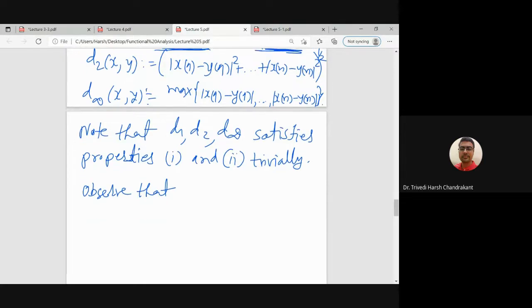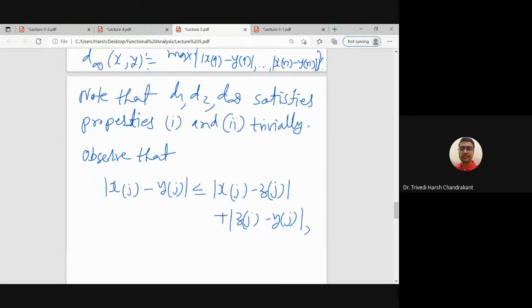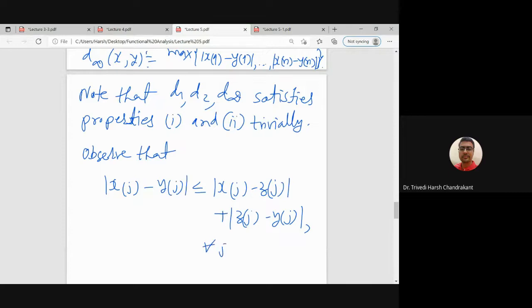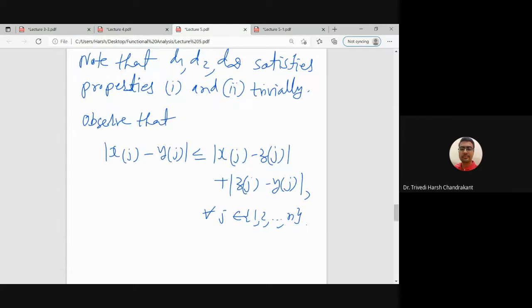The triangle inequality of real numbers gives modulus of xj minus yj is less than or equal to modulus of xj minus zj plus modulus of zj minus yj, for every j between 1 and n. Right, so we are using that each coordinate satisfies the triangle inequality.